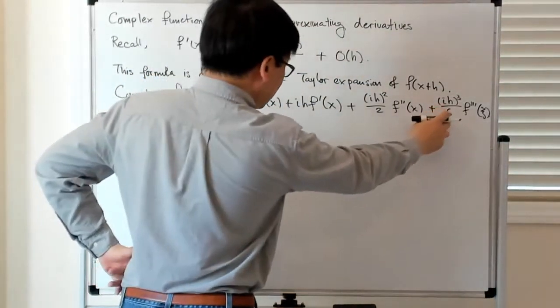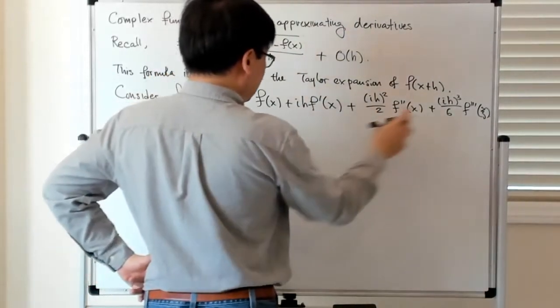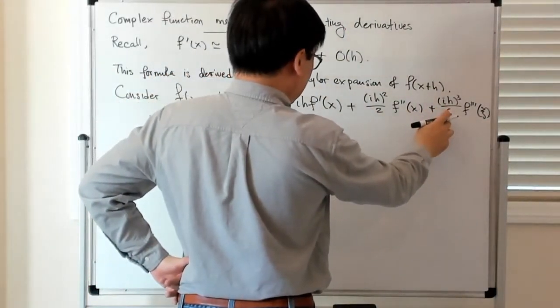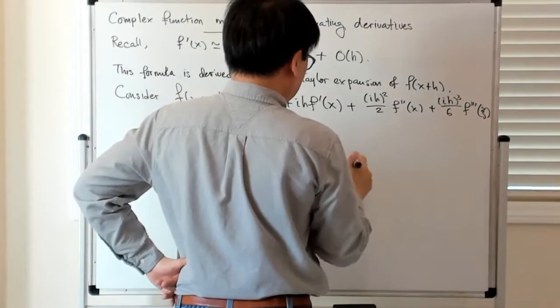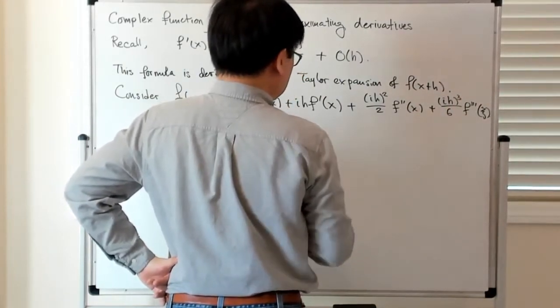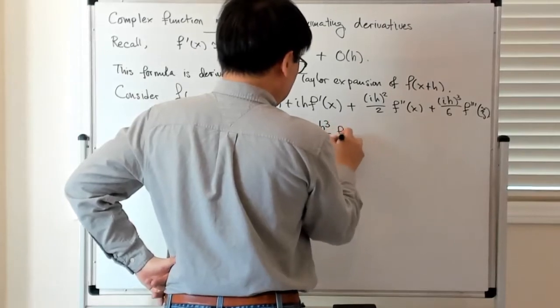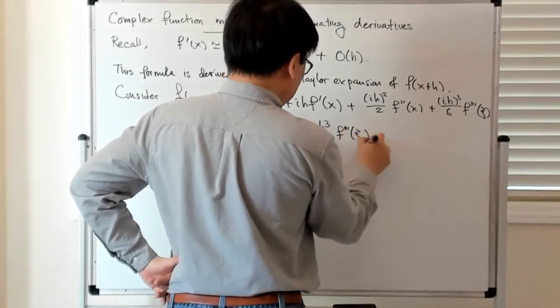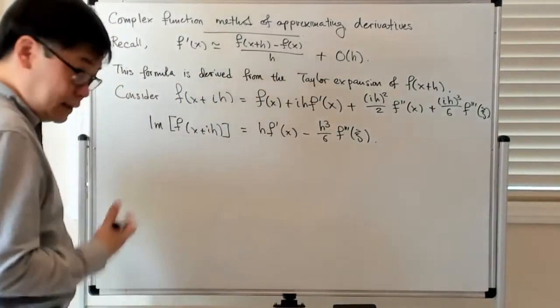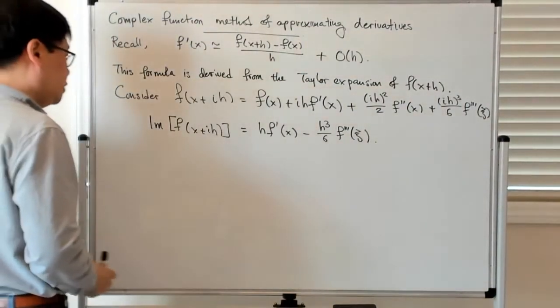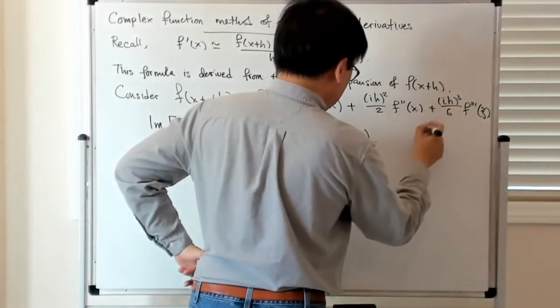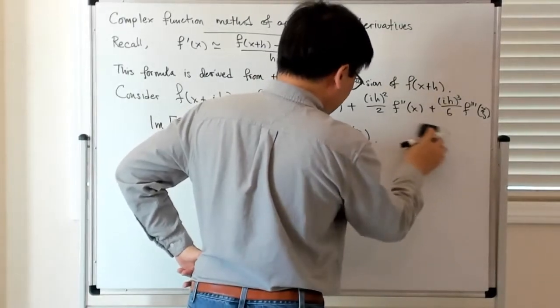And then the next term is this term. So you have an i cubed, so that's a minus i. So you have a minus h cubed over 6 f triple prime at c. So this is an equality, where again c is some indeterminate value.